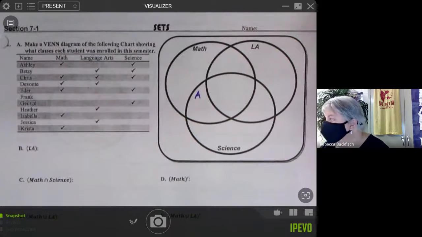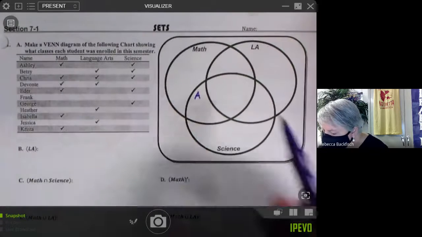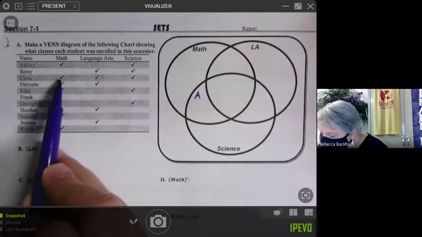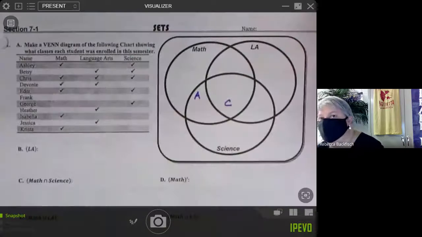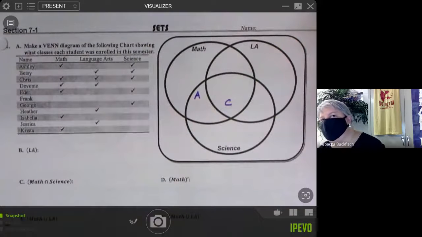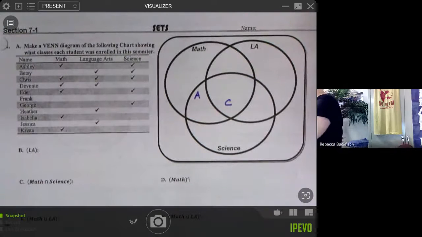I'm about to give it to you. Thank you. Okay, so Chris, I'm skipping Betsy for a second. Chris is in all three, so Chris would go in the very middle. So I want you to go ahead and see if you could figure out where everybody would go there. I'm going to go ahead and hand this out to the people in the classroom while y'all are thinking about it. And then we'll talk about it together. We may just do the first part of this because these are a little bit more challenging, in my opinion.